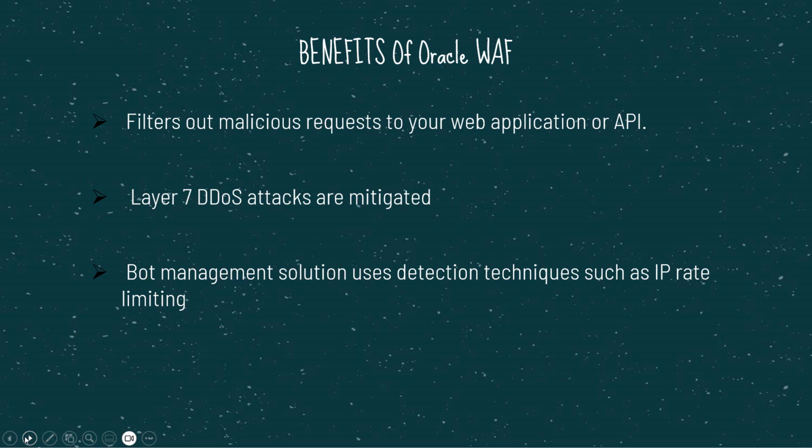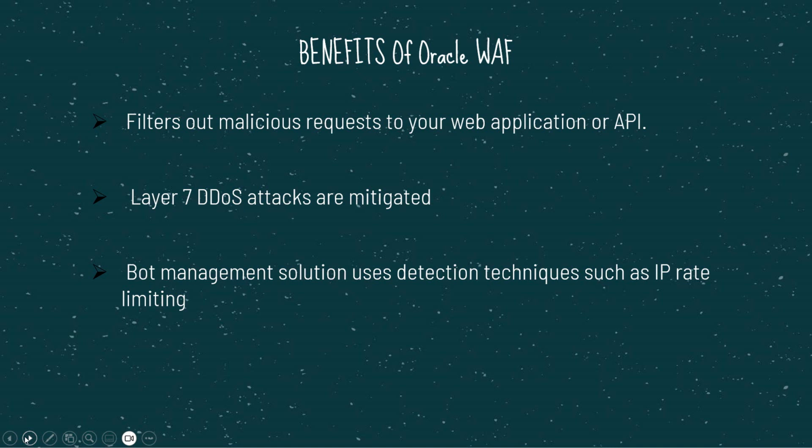A few benefits: it filters the malicious requests on the web and it protects by country, or you can restrict with the CIDR range which IPs can access your URL or which country's users can access your URL. It also protects from layer 7 DDoS attacks, which can be mitigated with the OWASP, and there are many other packages which Oracle provides.